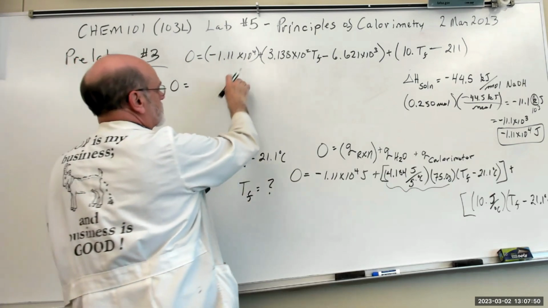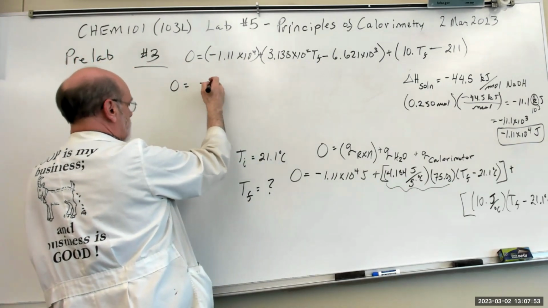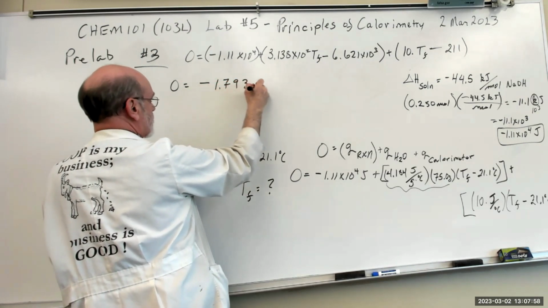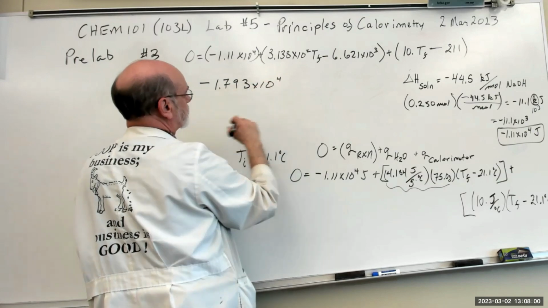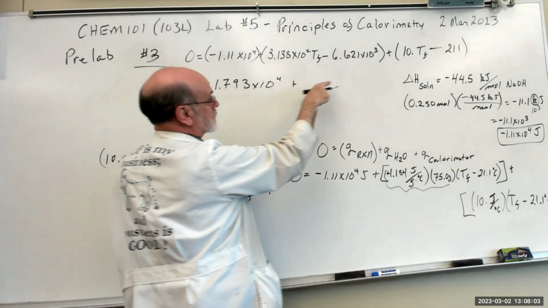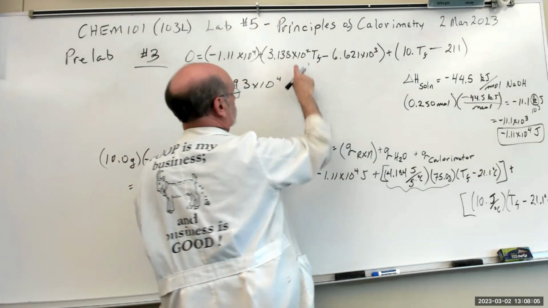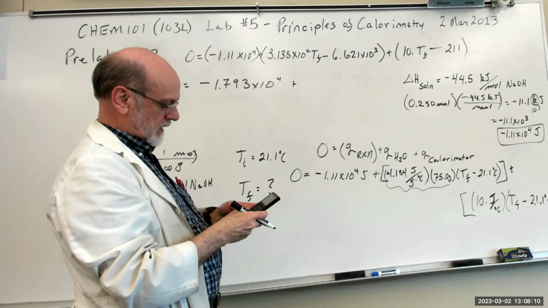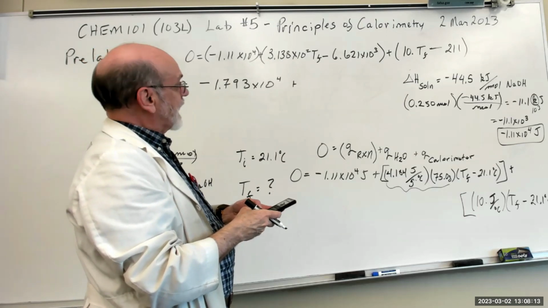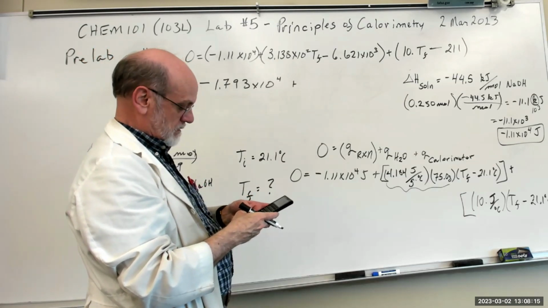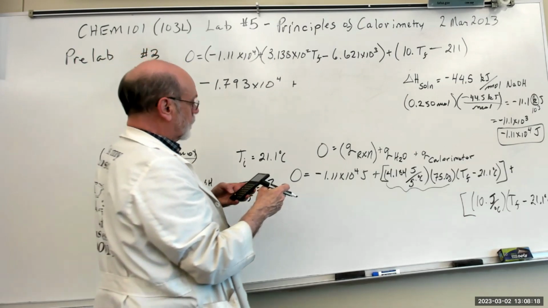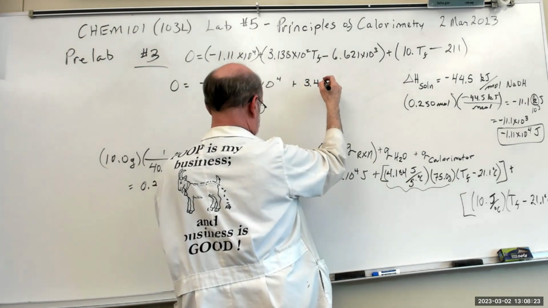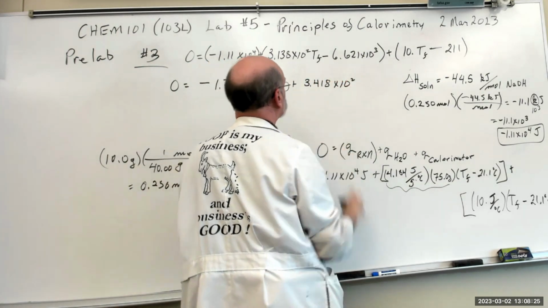So the numbers come together as minus 1.793 times 10 to the 4th. And then the ones with the unknowns, we just take this one and add it to that one. 3.138, exponent 2. And then add 10 to it. 3.238 times 10 squared.